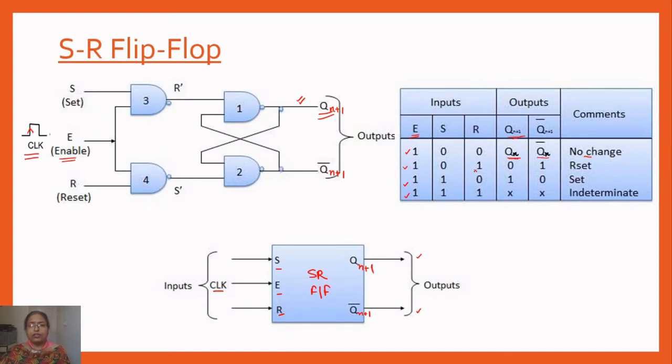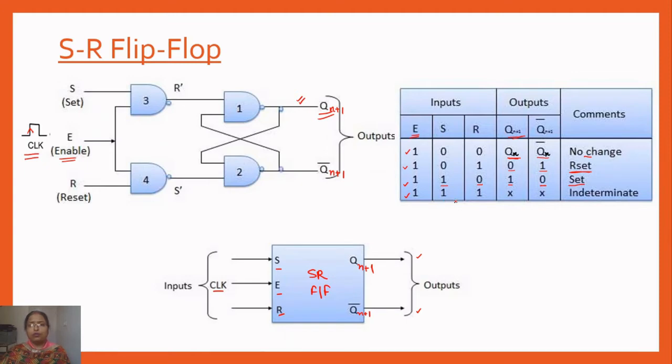When S is 0 and R is 1, the output will be 0 and the complemented output will be 1, and the flip-flop is said to be reset. When S is 1 and R is 0, the output will be 1 and the complemented output will be 0, and the flip-flop is said to be set.